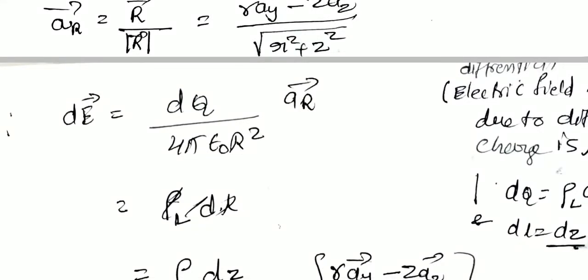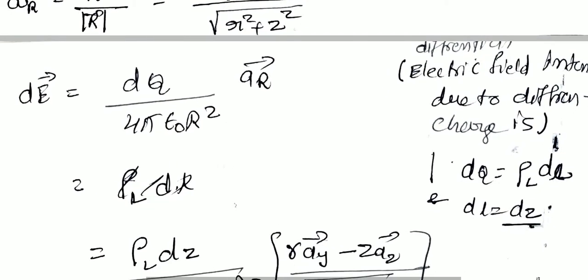Now we will go for our formula for electric field intensity for a point charge.